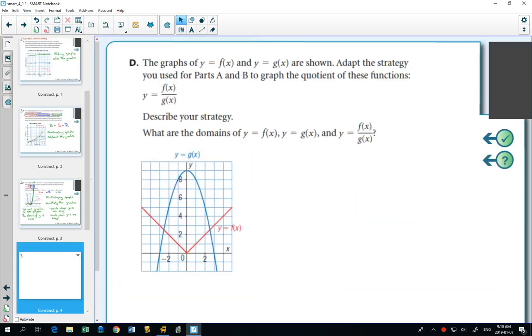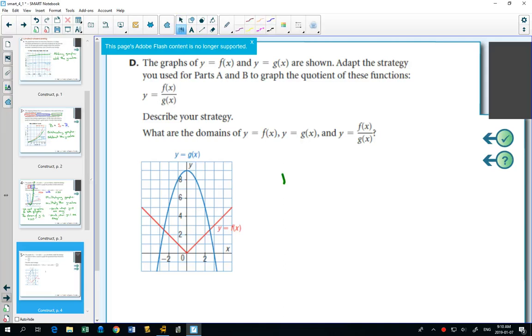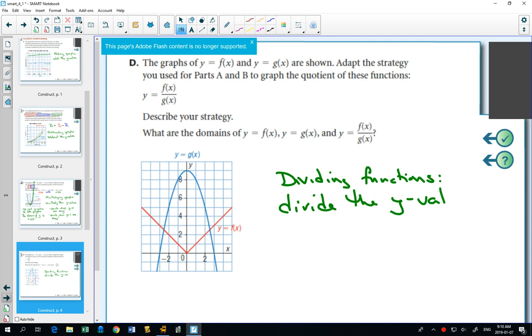And finally, part D. What haven't we done yet? Dividing. The rule stays the same. We divide the y values just like we've added y values, subtracted y values, and multiplied y values.